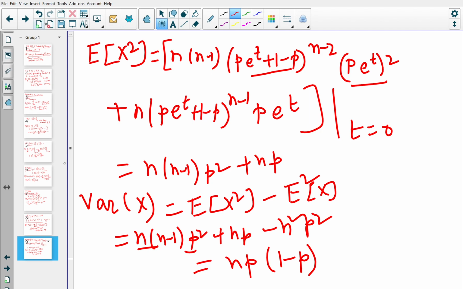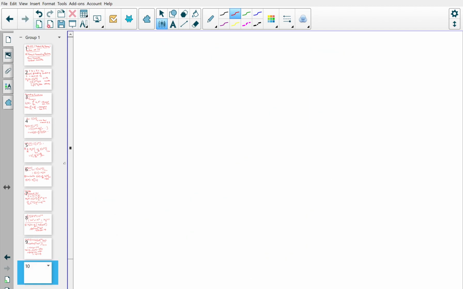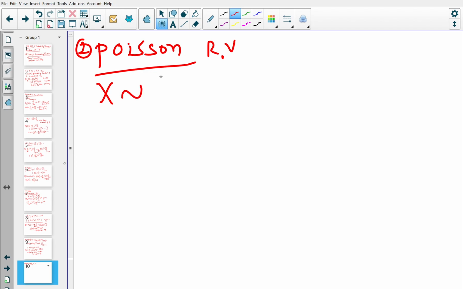Now let us try to do it for another discrete random variable, say the Poisson random variable. So you have Poisson with parameter, say, lambda.